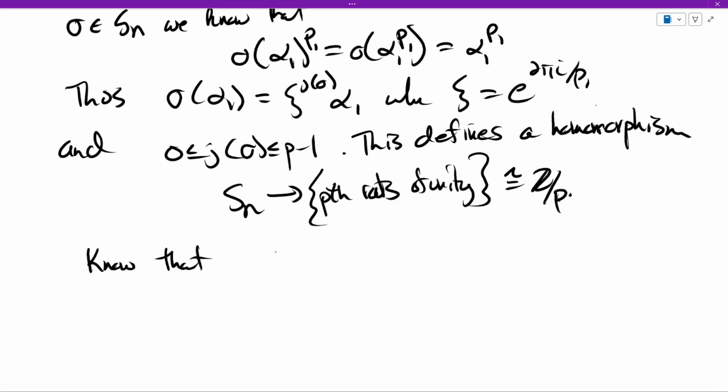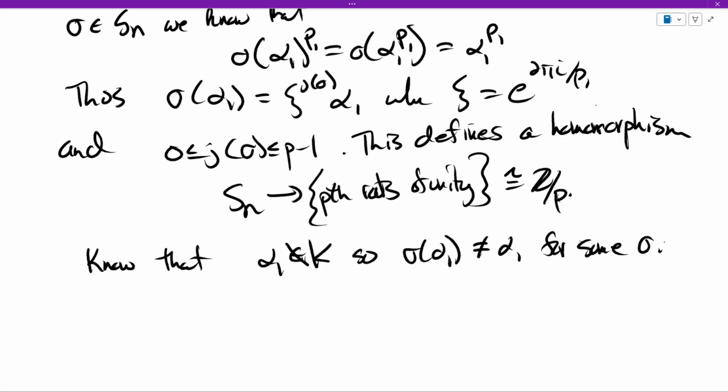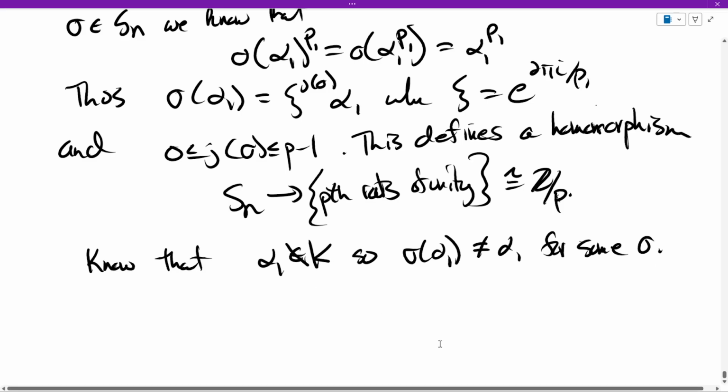that alpha 1 is not in K. We're adding in something honestly new. So sigma of alpha 1 must not be equal to alpha 1 for some sigma, because if all of the sigmas fixed alpha 1, then alpha 1 would be a symmetric expression in the roots, and therefore would be in K. But it's not in K because it's something new that we're adding in.